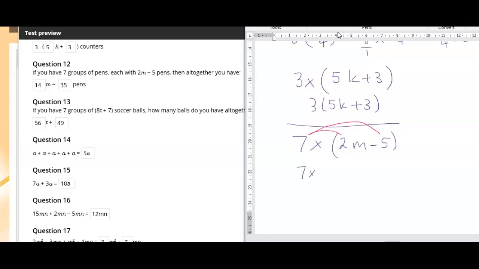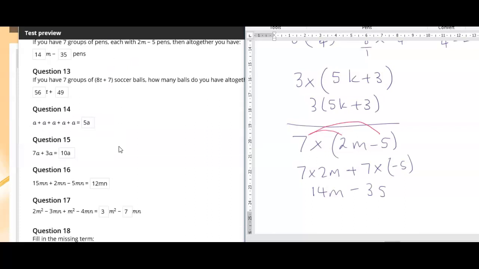So we've got 7 times 2m, and then plus 7 times, and just put your negative in a bracket just so we don't get mixed up. So 7 times 2m is 14m, and 7 times negative 5 is negative 35. So you can see that's in expanded form, whereas the previous question we leave it in what we call factorized form.